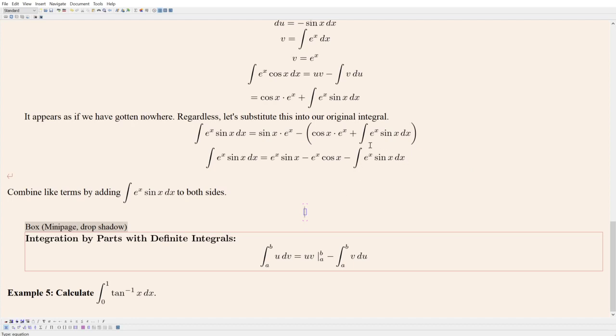So take this, add it to the other side, and we get 2 integral e to the x sine x equals e to the x sine x minus e to the x cosine x. So let's factor that e to the x out.